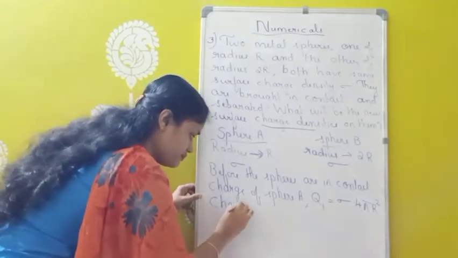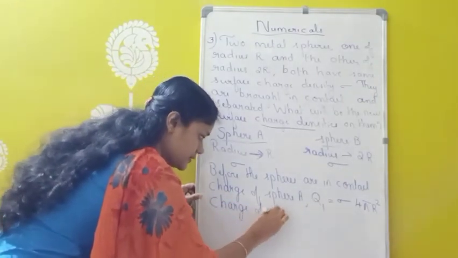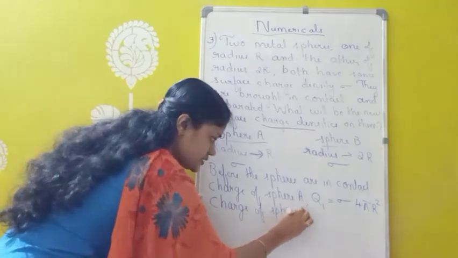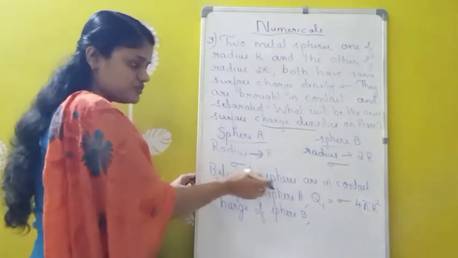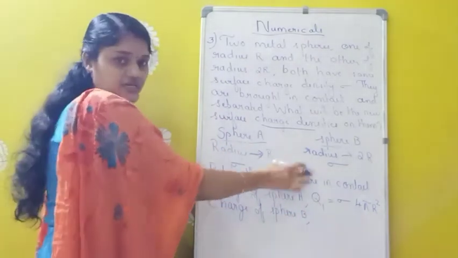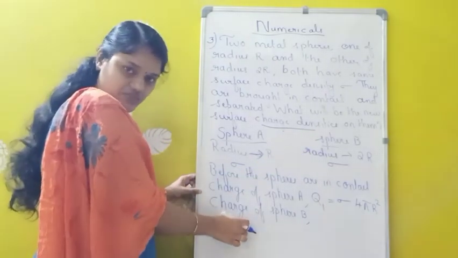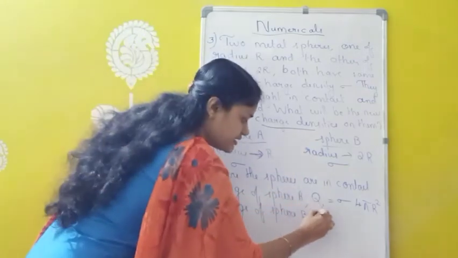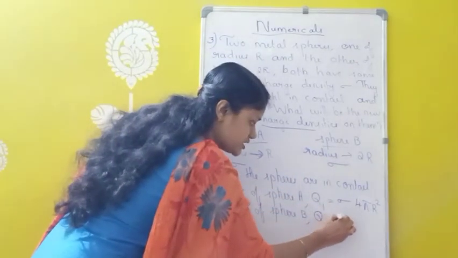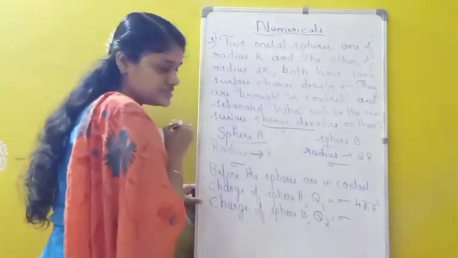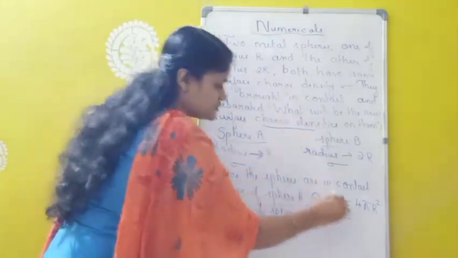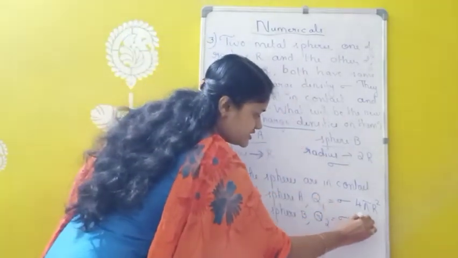Similarly, we have to find the charge of sphere B, also before contact. That one I am taking as Q2. So Q2 equals sigma, the surface charge density, into the surface area of the sphere, 4 pi into the radius squared.